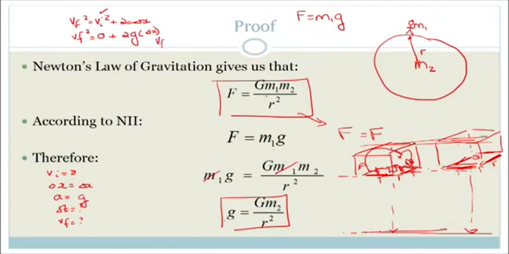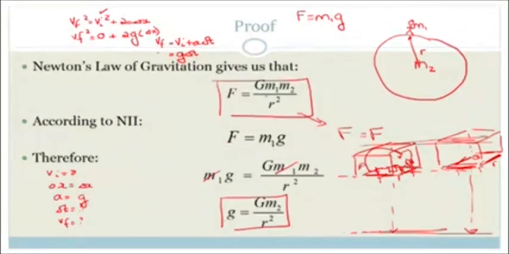Similarly, if we use Vf is equal to Vi plus a delta t, the initial velocity is 0, so we've got a delta t. The acceleration is little g, the acceleration due to gravity on Earth, and the time that it's fallen is going to be exactly the same. So therefore, the final velocity is going to be the same as well.